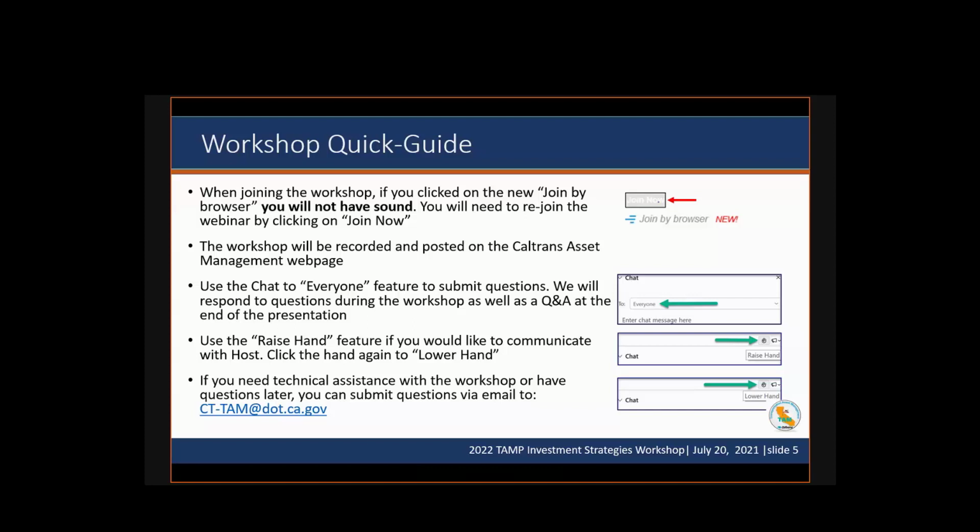If you say all attendees, then nobody that's on the panel or no organizer will get it. So please, if you're going to chat, you want to make a comment or you want to get the attention of anybody that's involved in the workshop, please make sure you're chatting to everybody. Likewise, you can use the raise hand feature if you want to get anybody's attention.